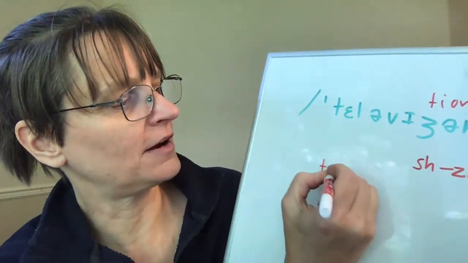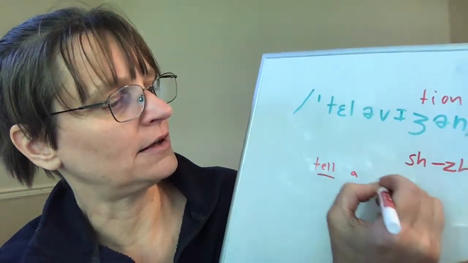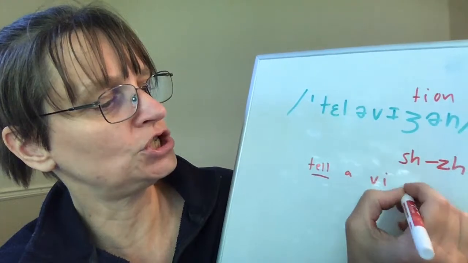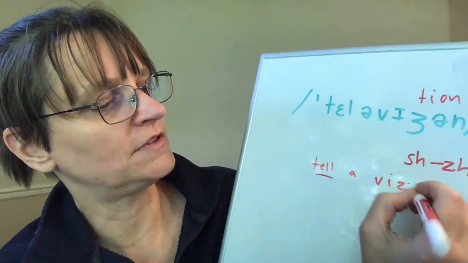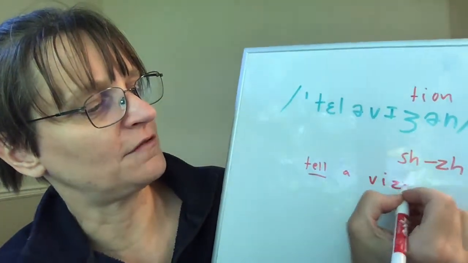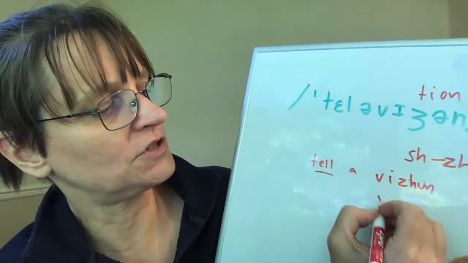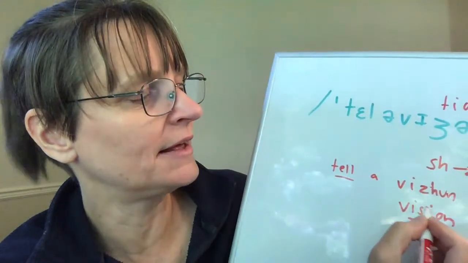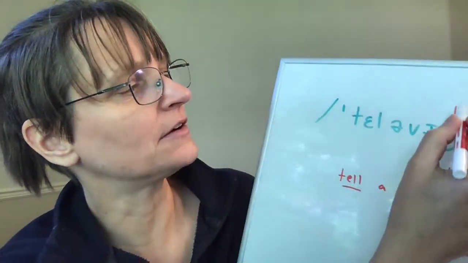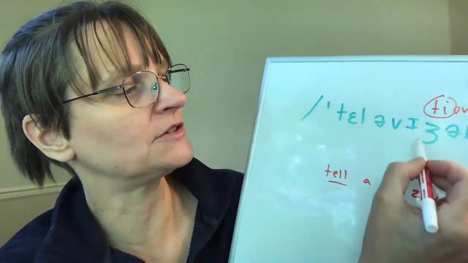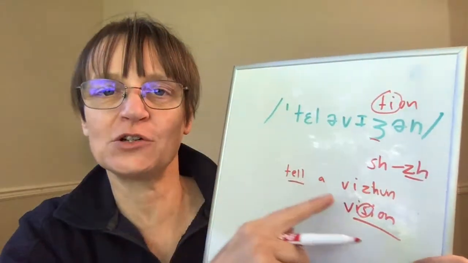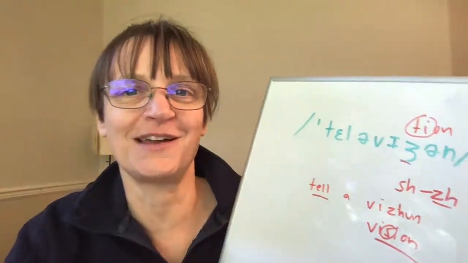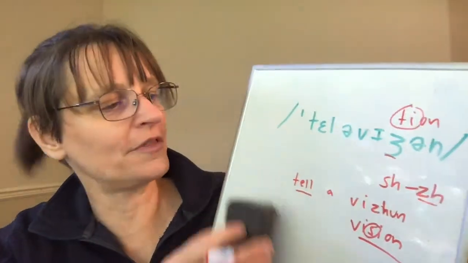So I would say maybe vision. So it's just like the word vision, which also might give you some trouble, but the letter S and the letters Ti say zh in this word. I do have some videos about zh that you can check out on my American Sounds playlist for more help with that. Yeah, that's a good word.